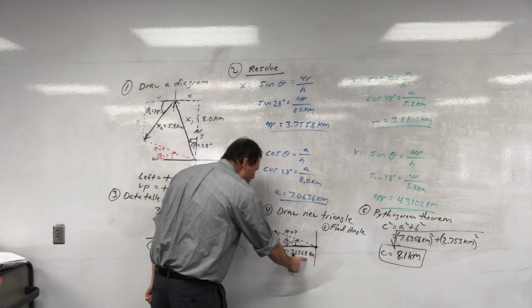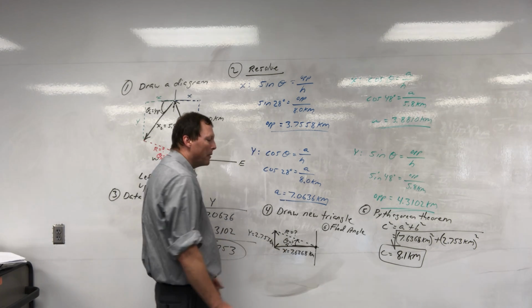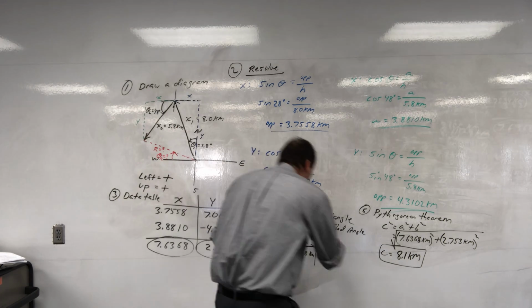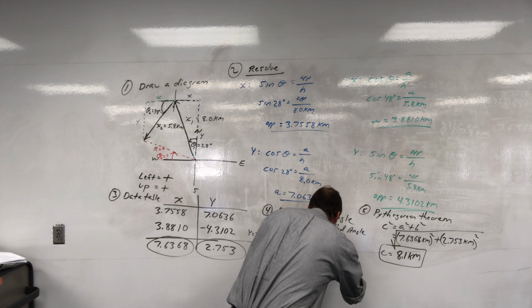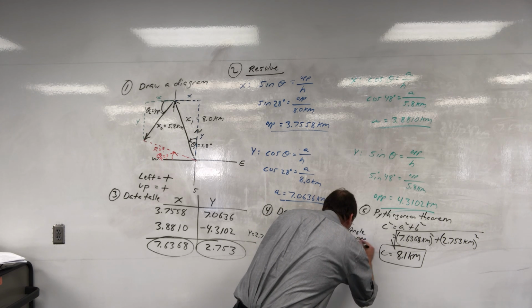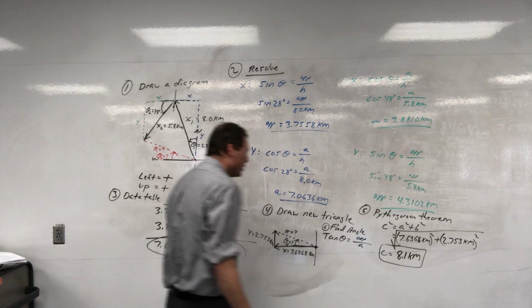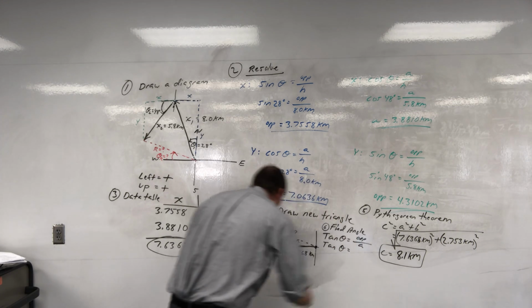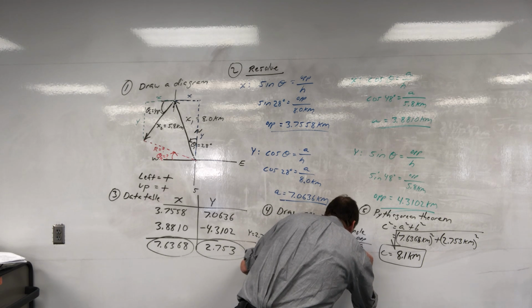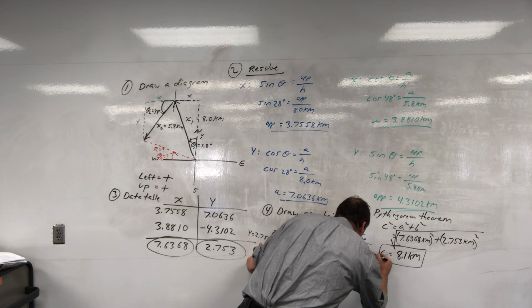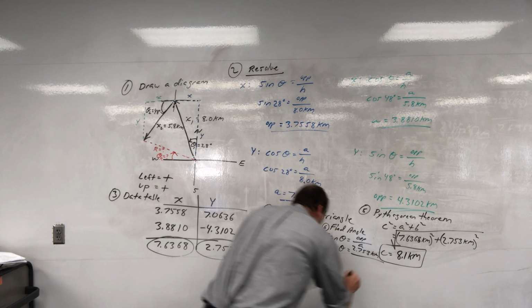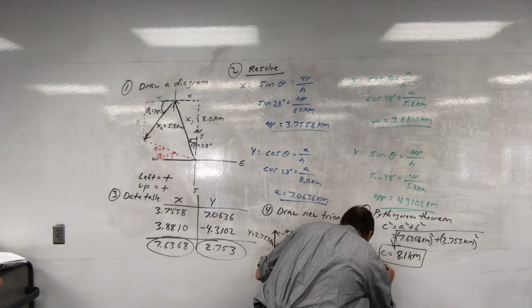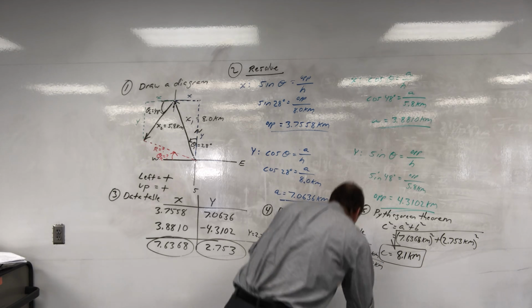And I've got the adjacent side and I've got the opposite side, so I can go ahead and use the trig function tangent. That's typically what we'll use. So tangent theta equals opposite over adjacent. Tangent theta, the opposite side is 2.753 kilometers over the adjacent side, 7.6368 kilometers.